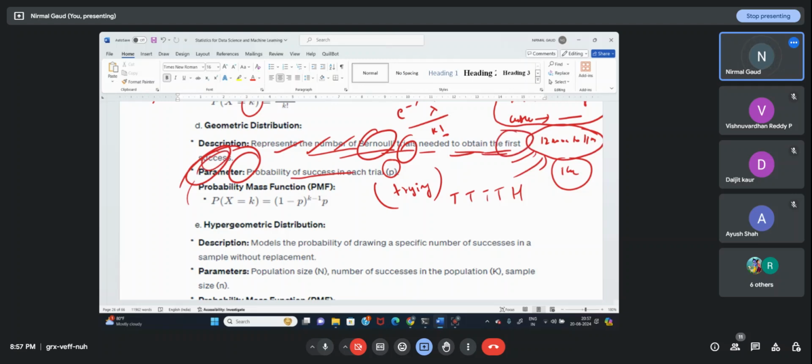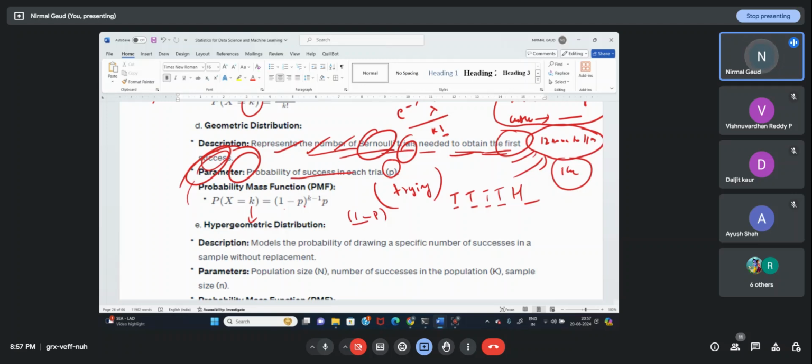So this is what your success is. Okay, so 1 minus P means failure. P is the success, and that is head. So you got tail the first time, tail the second time, tail the third time, tail the fourth time.